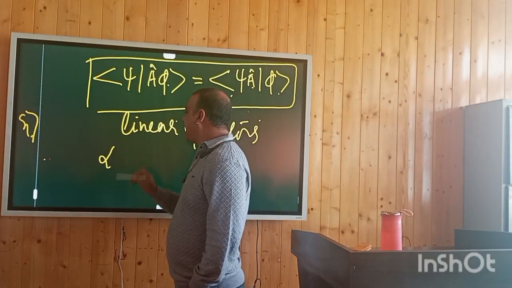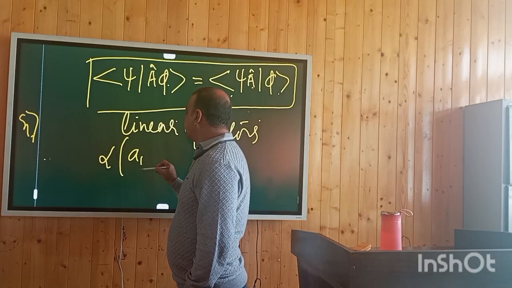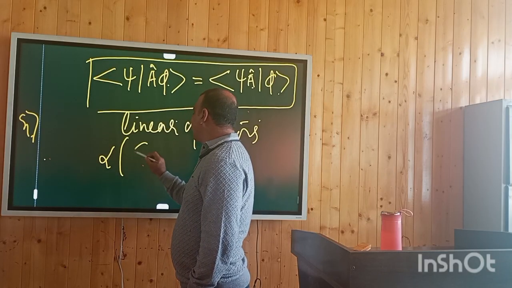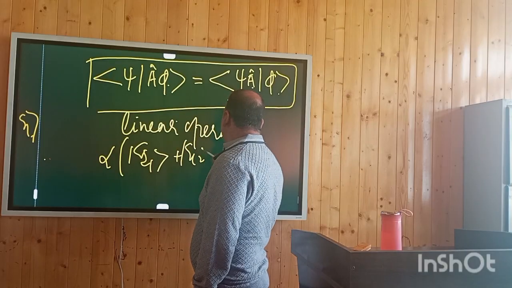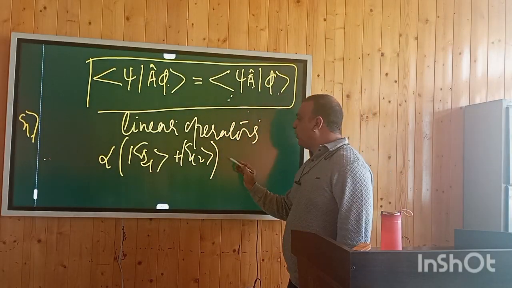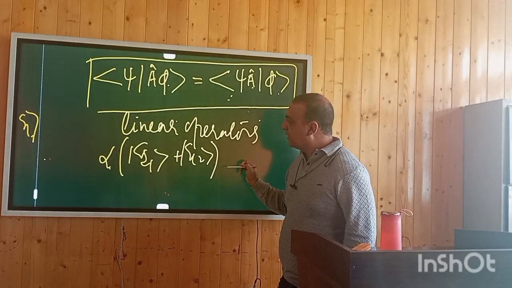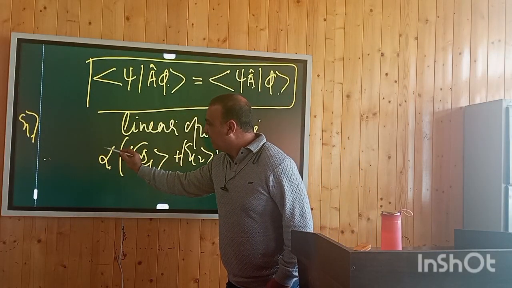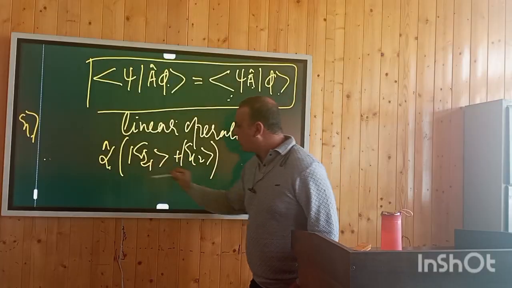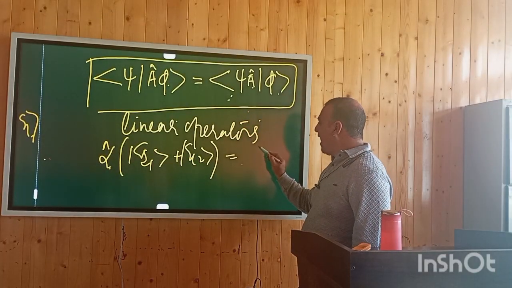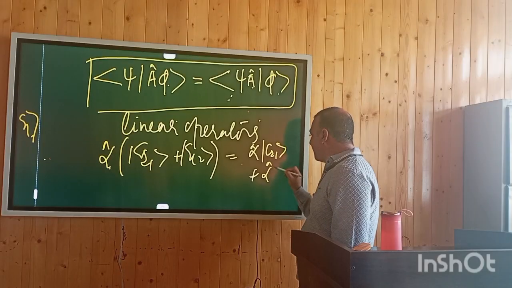That means if I have a scalar alpha and I multiply it with some bracketed term, say zeta 1 plus zeta 2, then if I can distribute this alpha linearly over both the vectors, then assuming this alpha to be an operator, it acts on this bracketed term and we obtain alpha zeta 1 plus alpha zeta 2.